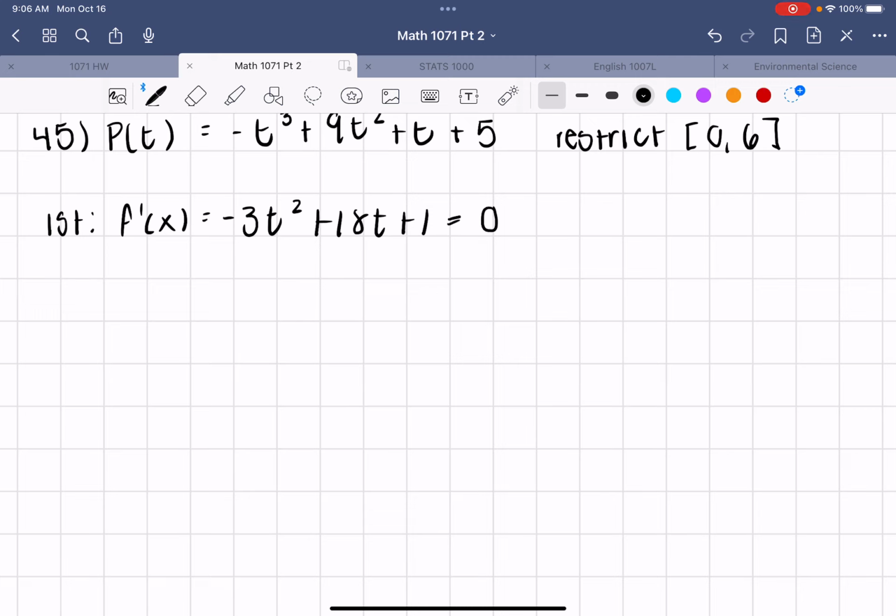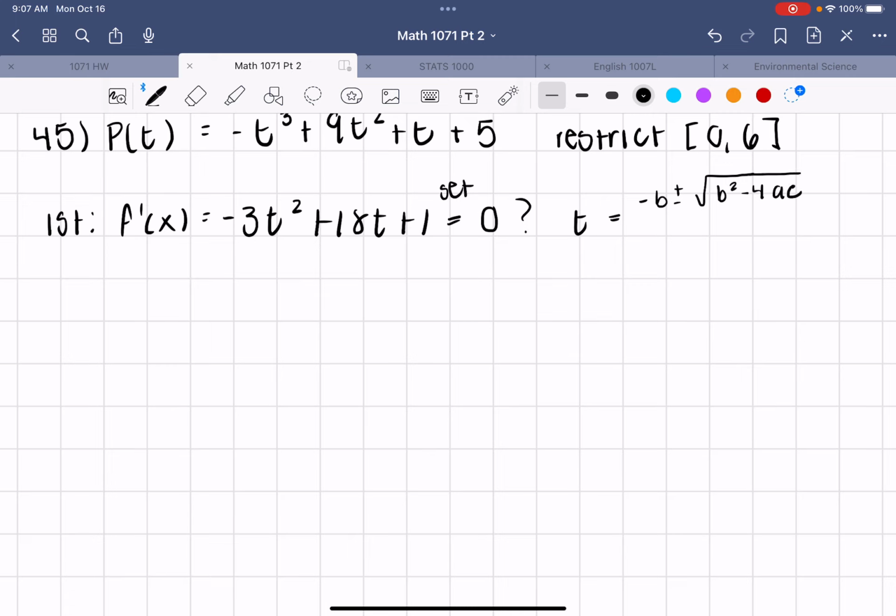In order to find t, it doesn't factor nicely. So t is, remember, negative b plus or minus the square root of b squared minus 4ac, all over 2a. In this case, our a is negative 3, our b is 18, our c is 1.